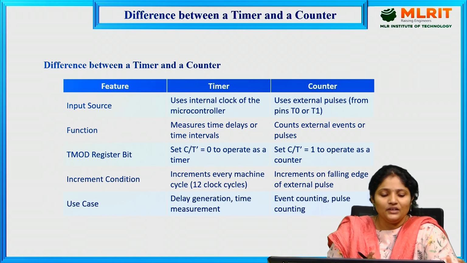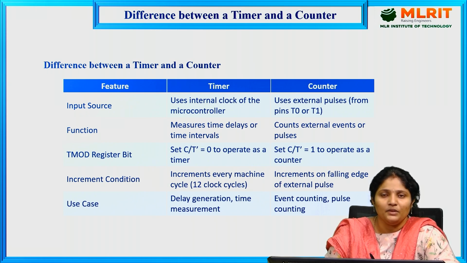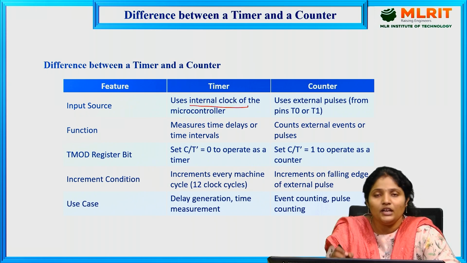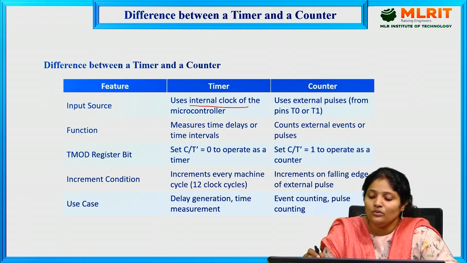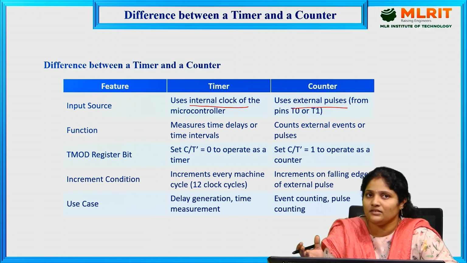The main difference between timers and counters is that the input source for the timer is the internal clock of the microcontroller, while the counter depends on external pulses or the number of events happening externally.